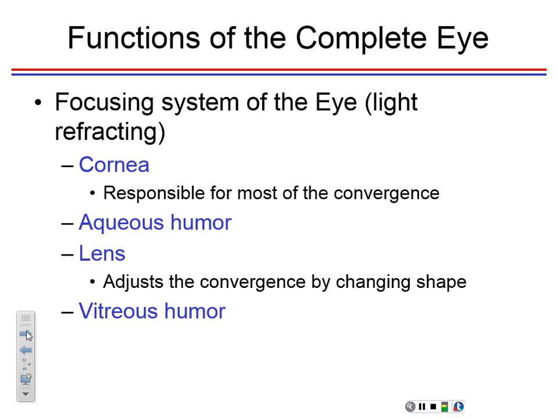And then the vitreous humor maintains intraocular pressure, holds the retina against the choroid, and also refracts light. All these are aimed at focusing and bending light to that focal point, right there at the macula lutea. Okay, so this is what I was talking about.